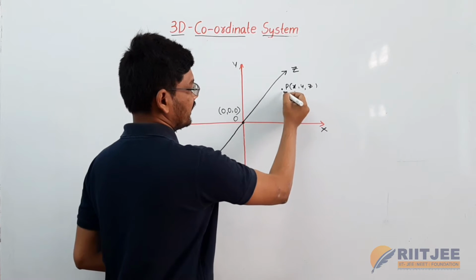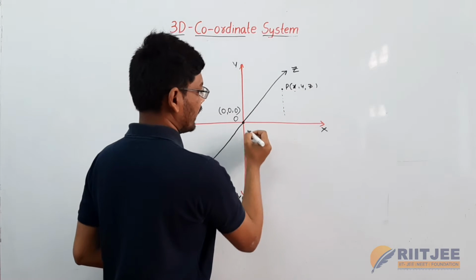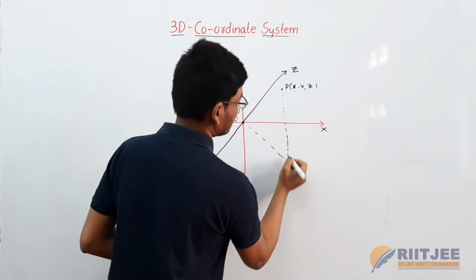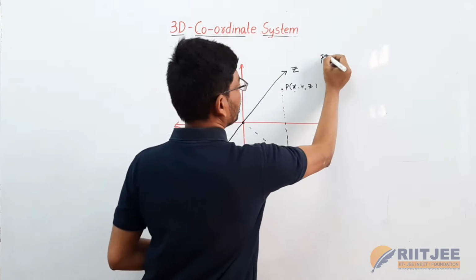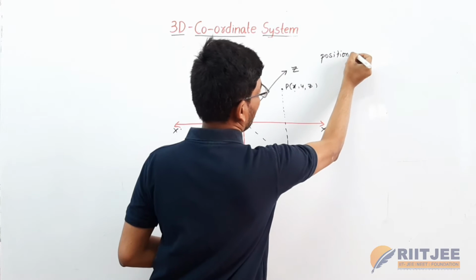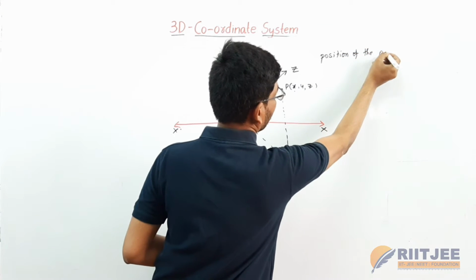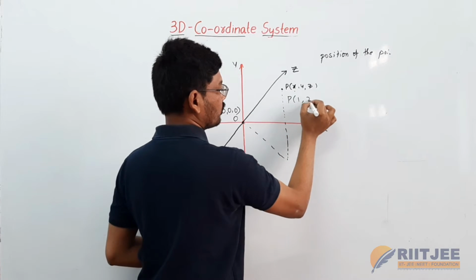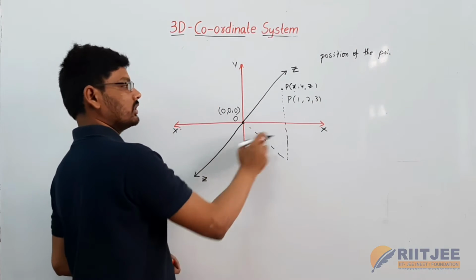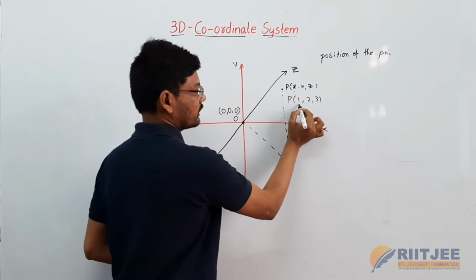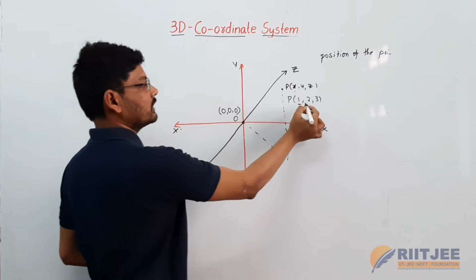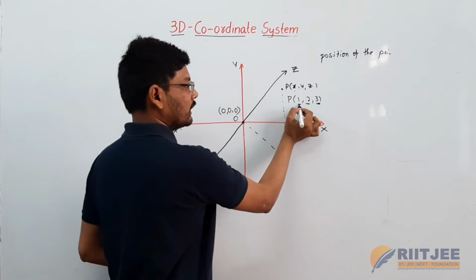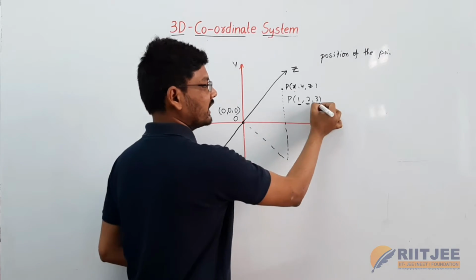For example, if the point is 1, 2, 3, then the position of the point is 1 unit from the x axis, 2 units from the y axis, and 3 units from the z axis.